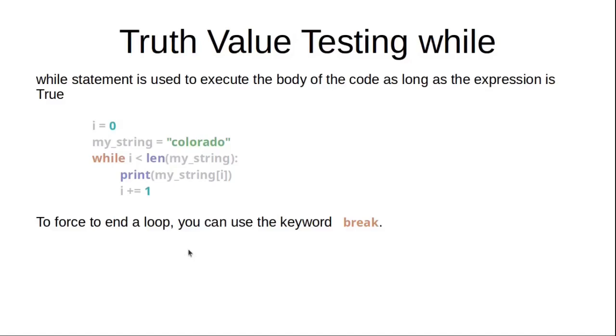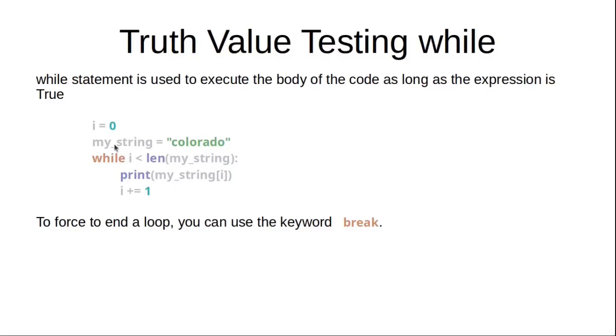The while loop is the second truth value testing structure we learned. The while statement is used to execute the body of the code as long as the expression is true. For example, I create a variable called i, an integer object, and assign it 0.